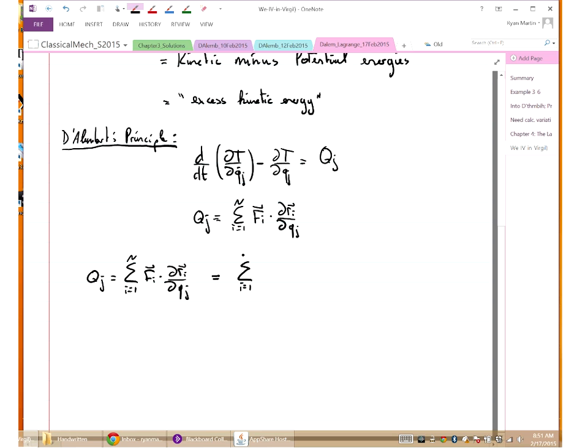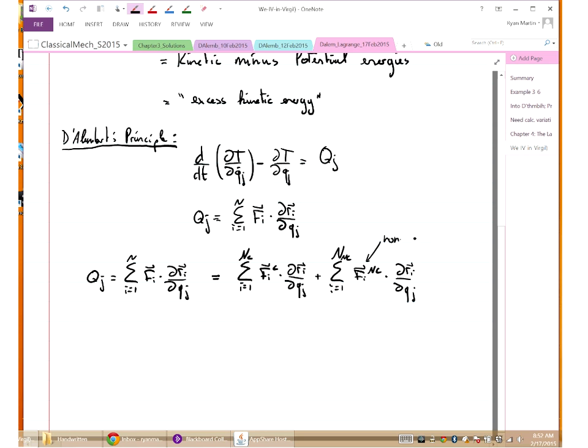So let's say it's the sum from i equals 1 to NC, the number of conservative forces. So that'll be Fi, and I'll put a C on the force, dotted with ∂Ri by ∂qj, plus the sum from i equals 1 to N sub NC for non-conservative forces, Fi subscript NC dotted with ∂Ri vector by ∂qj.